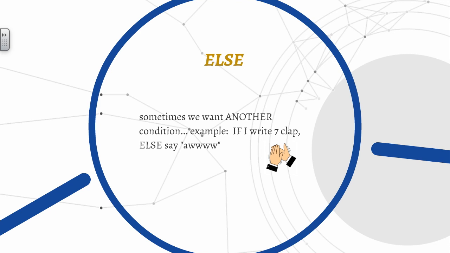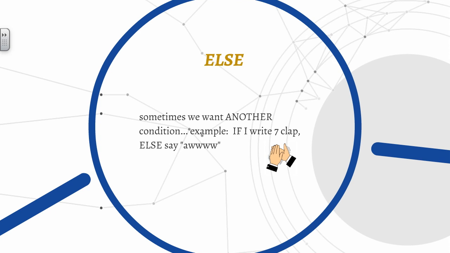Okay, and then we can also use an else, and this is something we can introduce, not just the true-false statement, but if it's not true, we can have another condition that falls below it. Sometimes we want another condition. For example, if I write 7, clap. Else, say, aww.